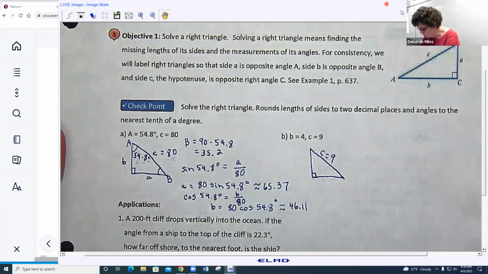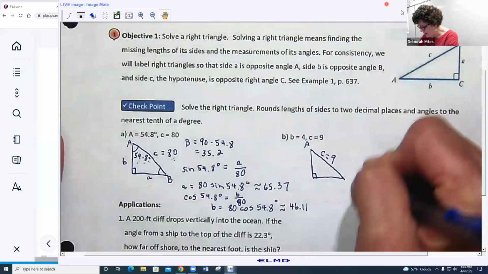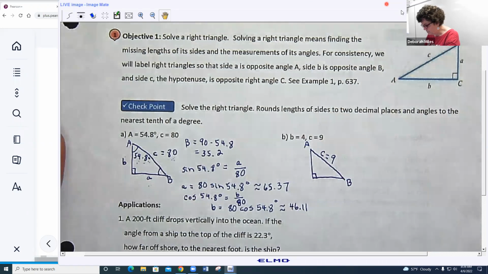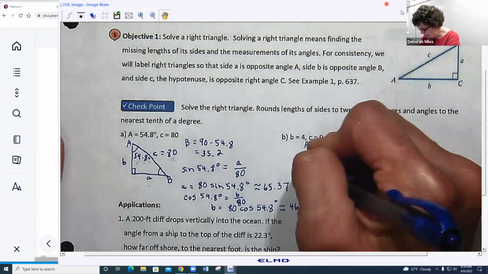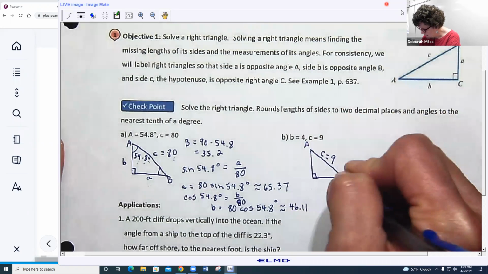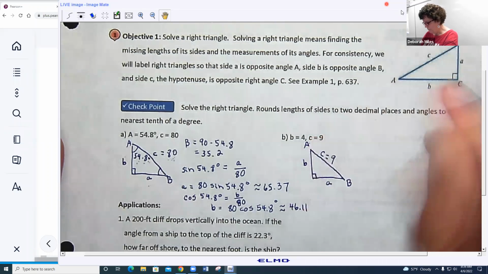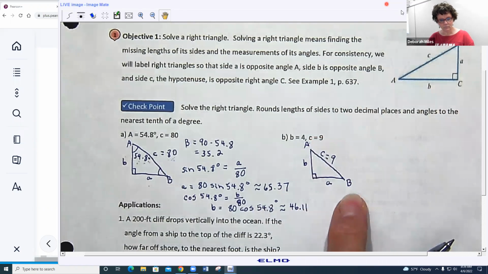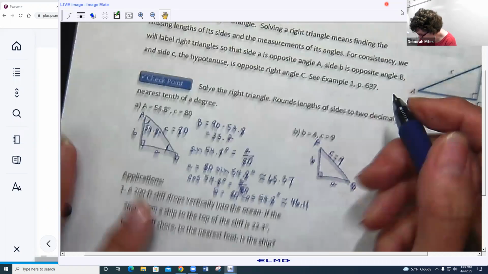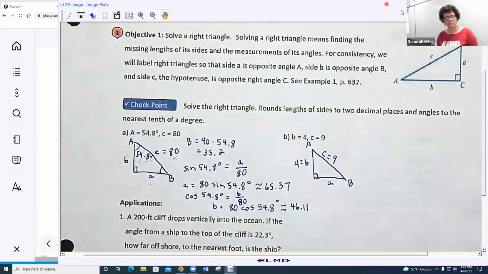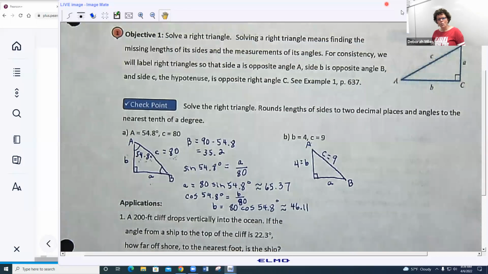It doesn't matter which angle we call A and which angle we call B, but it does matter that we have side A opposite angle A and side B opposite angle B. We know B is 4. What seems like it would be the easiest thing to find first?